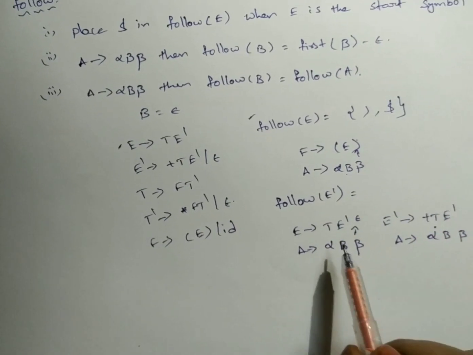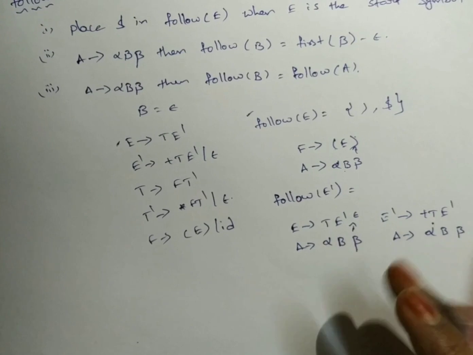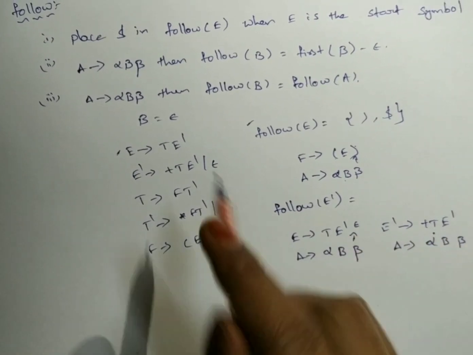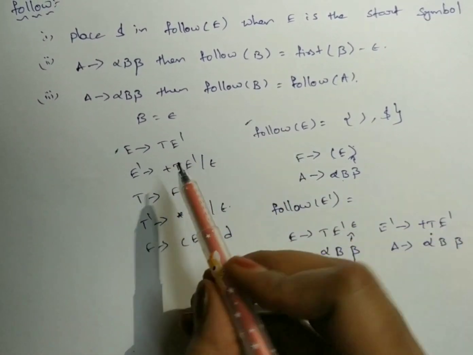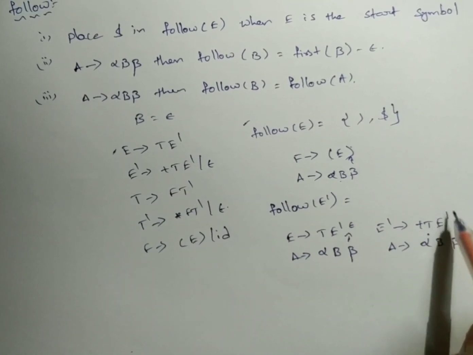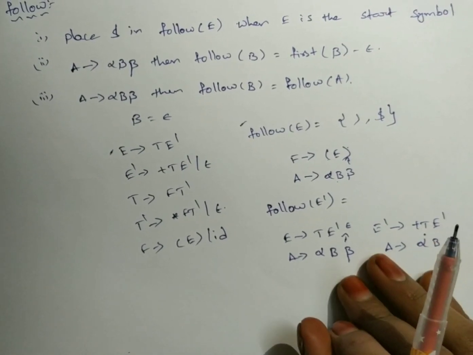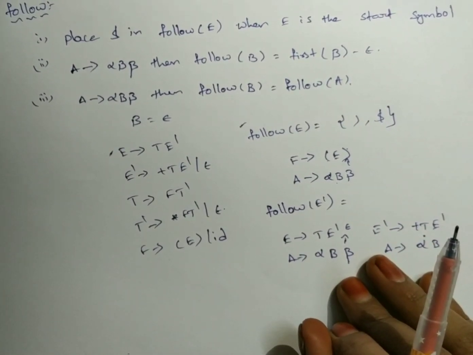I have considered all the productions which have E dash in the right derivations. E derives T E dash, here we have E dash, and E dash derives plus T E dash, here also we have E dash in the right hand derivation. So I am considering these two productions for finding the follow of E dash.